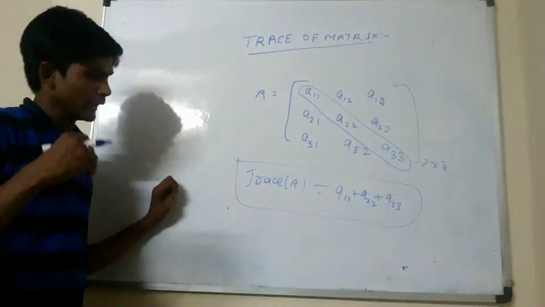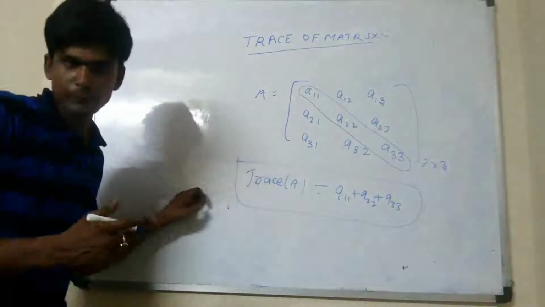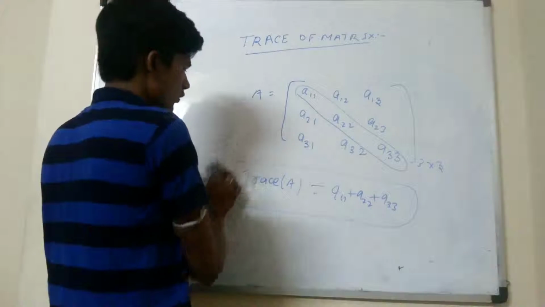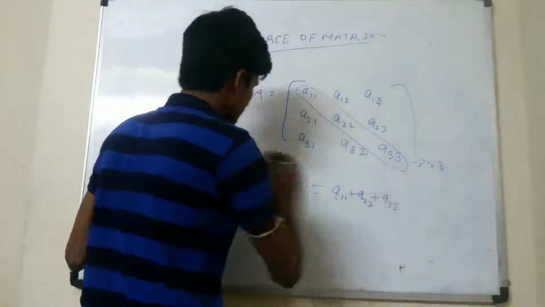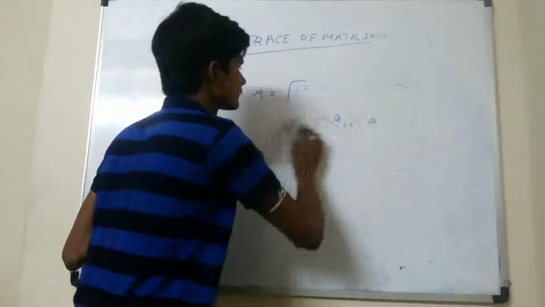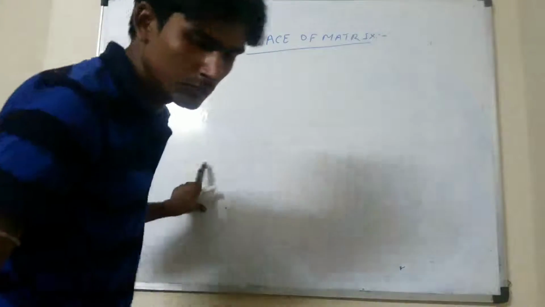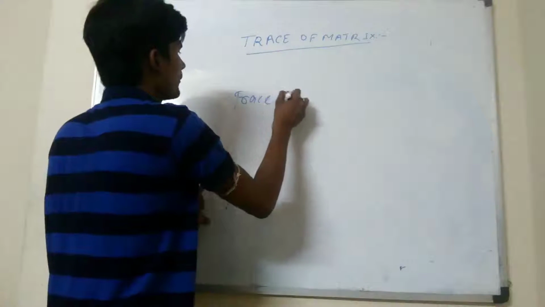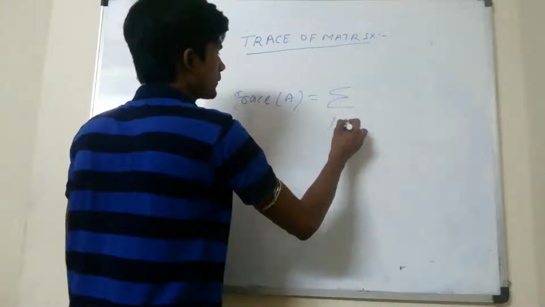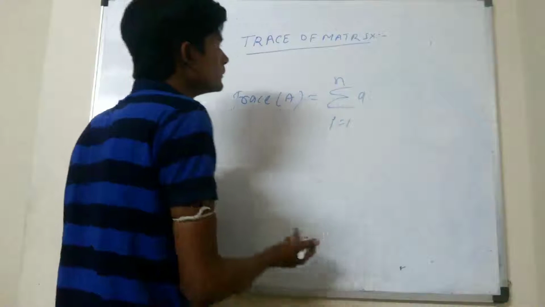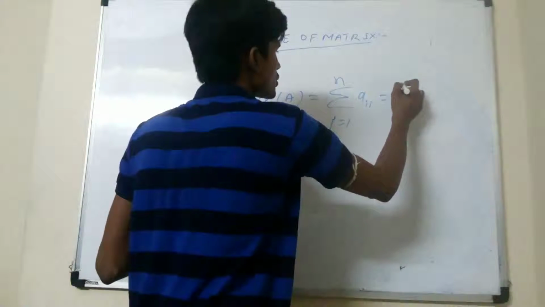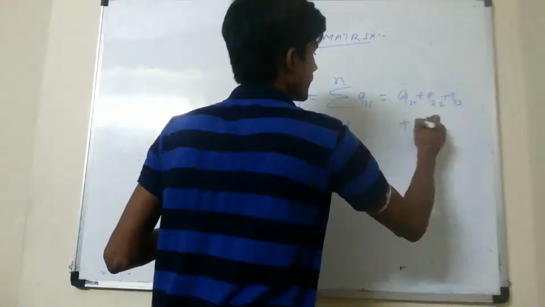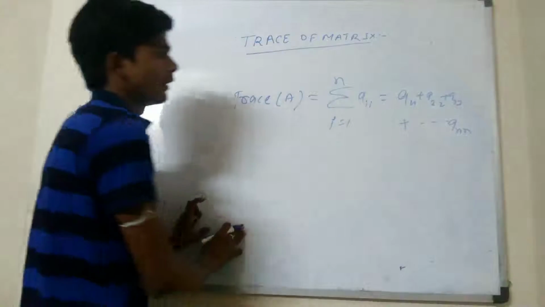So in general form, we can write the trace of matrix A equals the summation of i equals 1 to n of a_ii, which is simply a11, a22, a33 plus and so on up to ann.